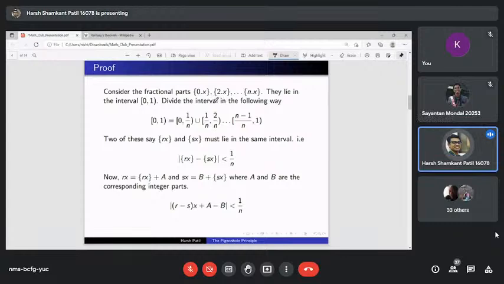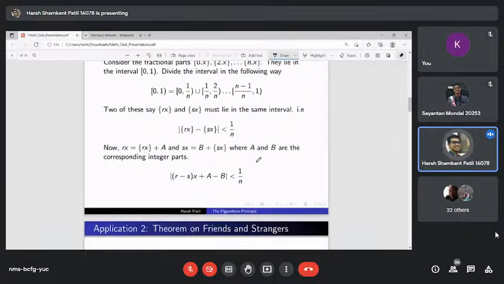These fractional parts are the k plus 1 pigeons and these intervals are our k boxes. As our principle says, at least 2 of them must lie in the same interval. Let's say these two, r times x and s times x, lie in the same interval. That would mean that the mod value of their difference will be less than 1 by n, because the length of all of these intervals is 1 by n.